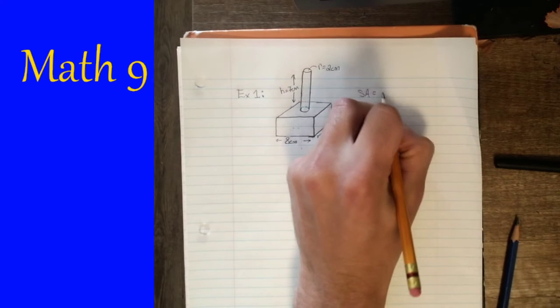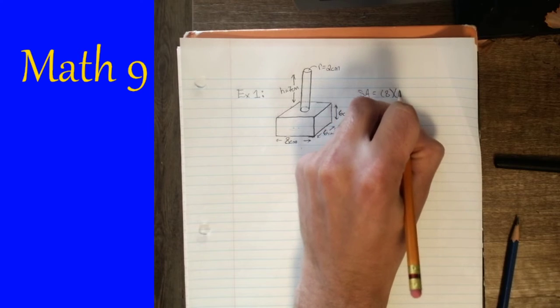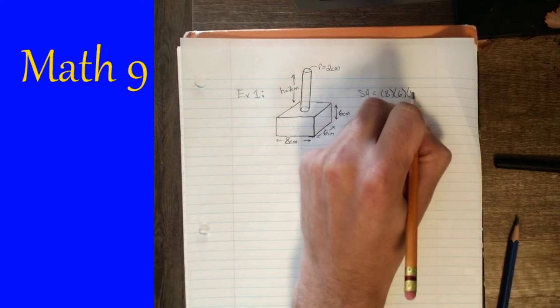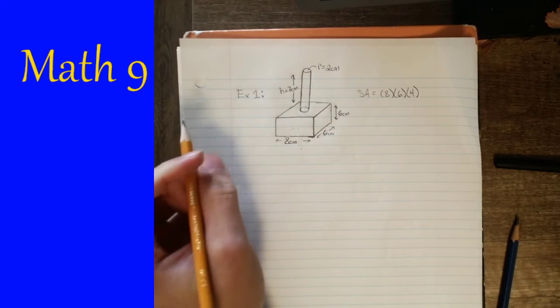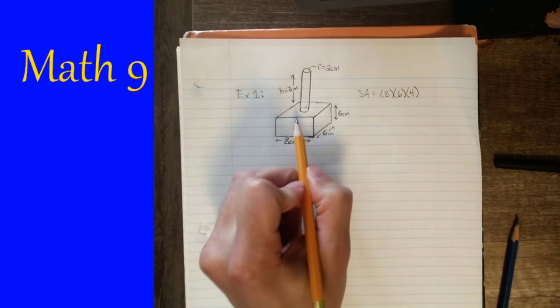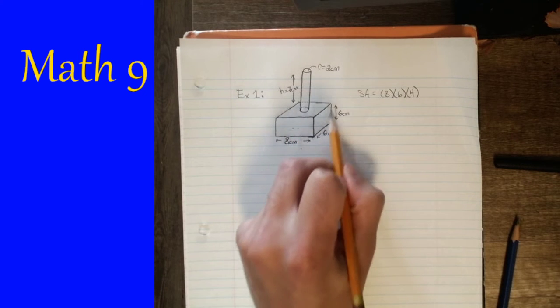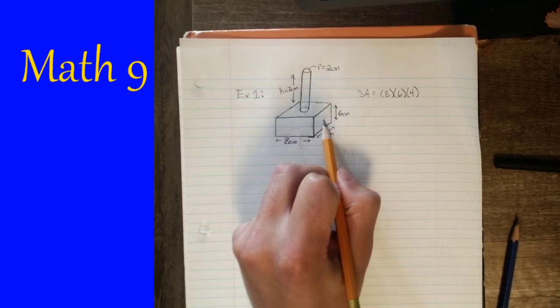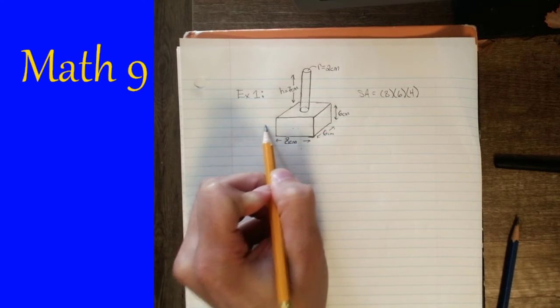So that's 8 times 6 times 4. And then finally you have 6 by 6, and that happens on the right side and the left side here.